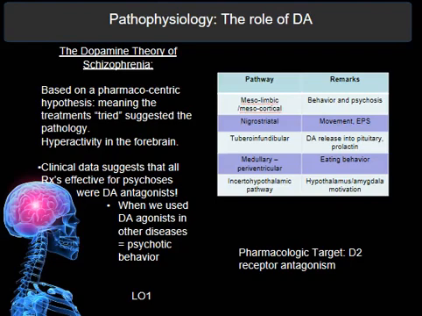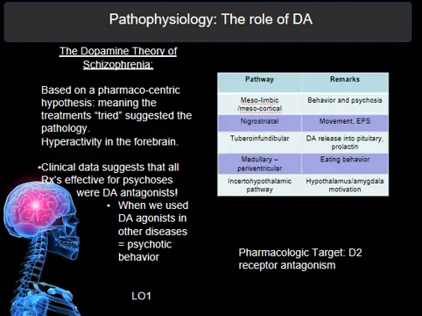And when we use dopamine agonists in other diseases, we produce psychiatric behavior. The great example of that is the dopamine replacement component to Parkinson's disease. As we progress through that disease and the doses of dopamine agonists increase, we saw more and more psychotic behavior in dopamine treated patients.